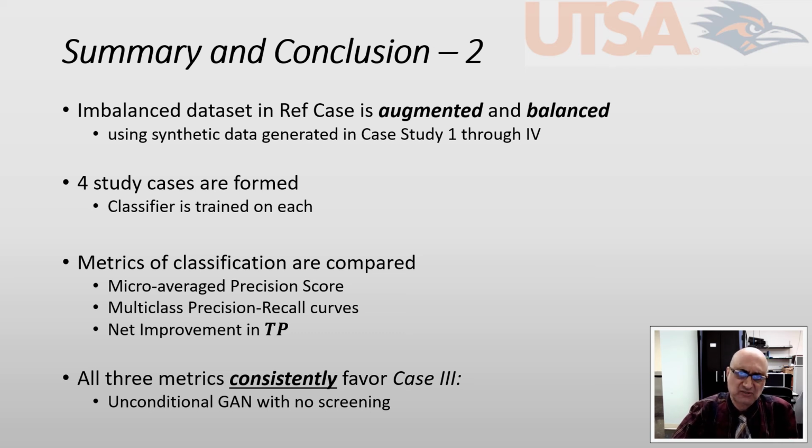The metrics that we used were the micro-average precision score, multi-class precision recall curves, and also net improvement in true positives. All the 3 metrics consistently selected case 3, which was unconditional GAN with unscreened data.